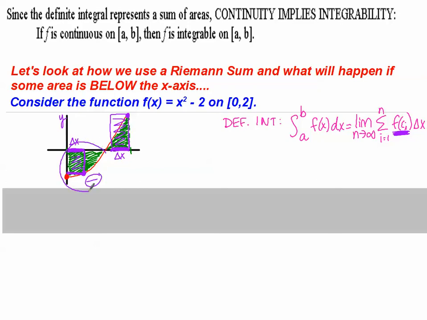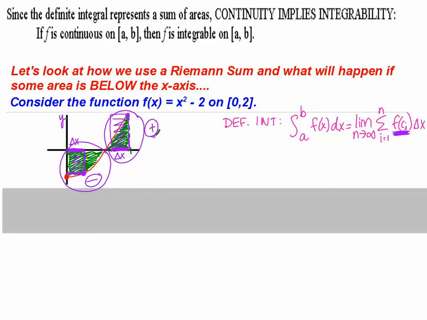All of that area is going to give me negative values if I use the f of x from the function. This part over here is going to give me positive values because the f of x is positive. So if I'm literally using the f of x values in my sum of f of x times delta x, the part below the x-axis will be negative, the part above will be positive.